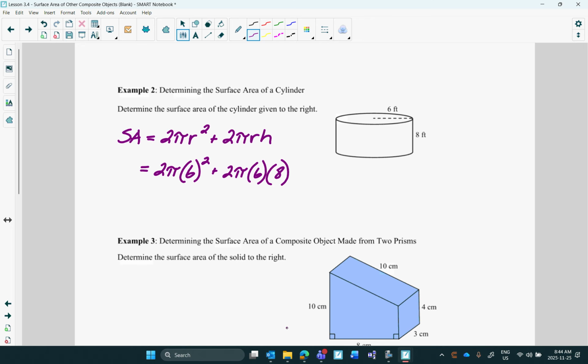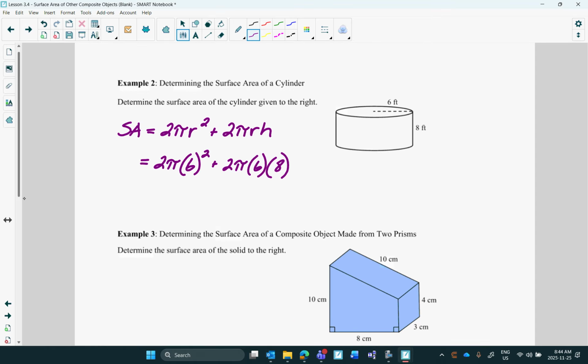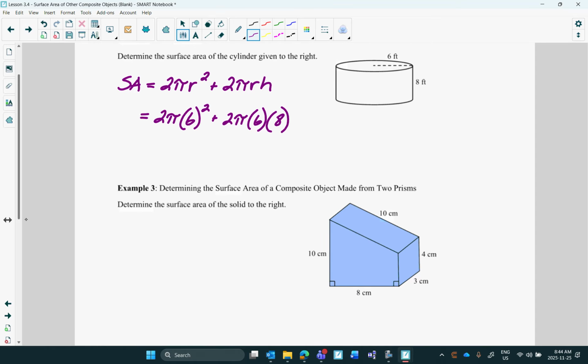And now we got to do that. Well, exponents first, right? So this is 2 times pi times 36. I can multiply all the numbers here. What's 2 times 6 times 8?